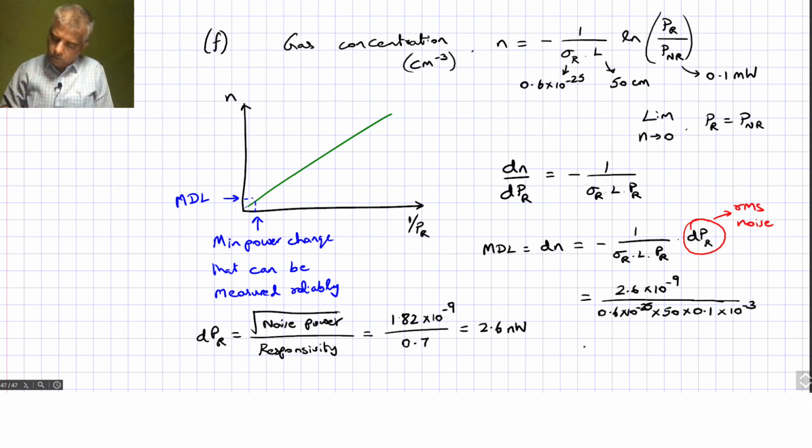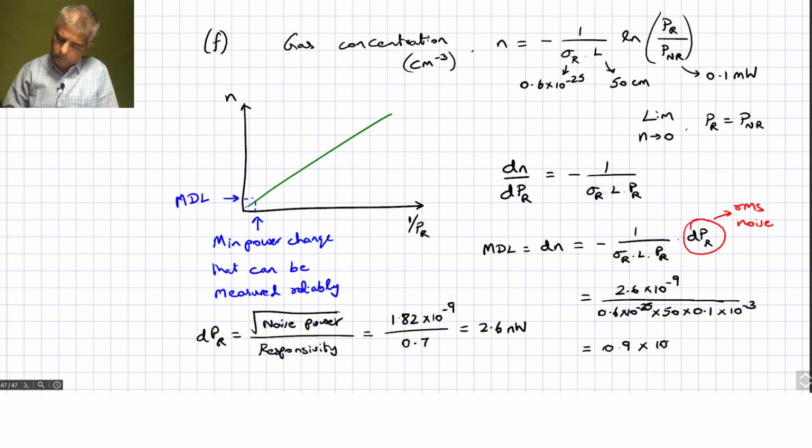So, if you do that math, 50 times 0.1 is 5, multiplied by 0.6 is 3. So, 2.6 divided by 3 is about 0.9. 0.9 multiplied by this 10 power minus 28, and that's 10 power minus 9.